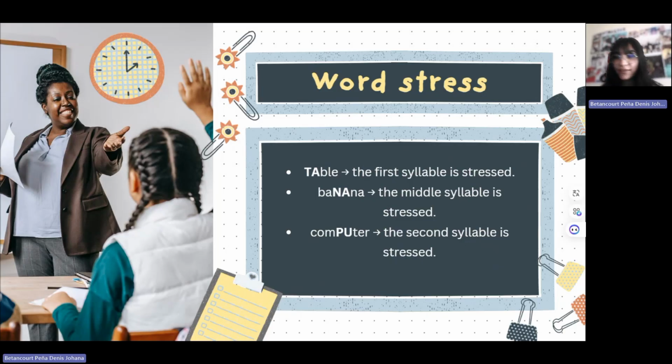Can you notice the difference? Present and present. The stress in those words makes the difference, okay? You can also repeat after me. Present, present, present, present. And you notice the word stress in those syllables.